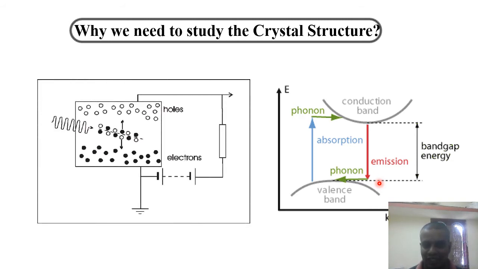If you look at the simple diagram for the detectors, this is a schematic structure. Here the wave represents the photons falling on the crystal structure. Then there is an absorption of the photon. It will generate an electric signal in the outside circuit.